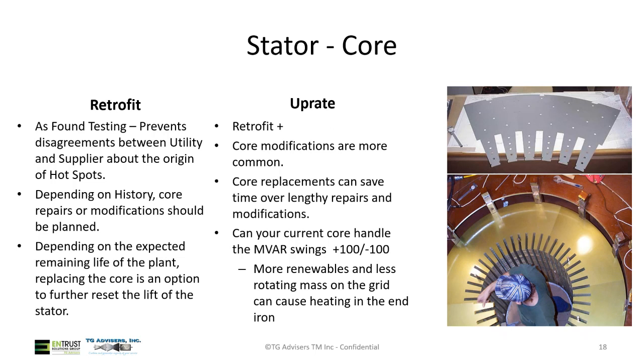Core replacements, like I said, for the retrofit can save time over lengthy repairs. If you know you have a lot of repairs to make, you could end up chasing repairs for months. There is a scientific reason for that: once you make a repair, the flux is going to move in a different pattern through the steel.